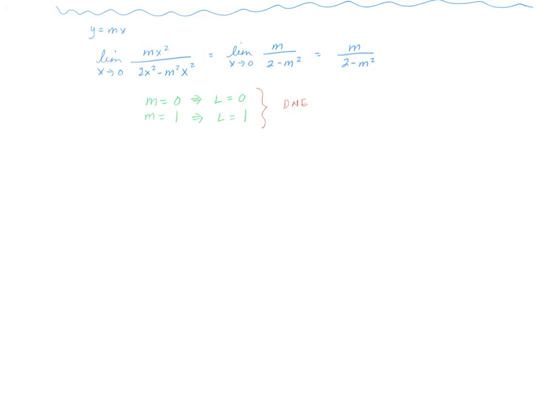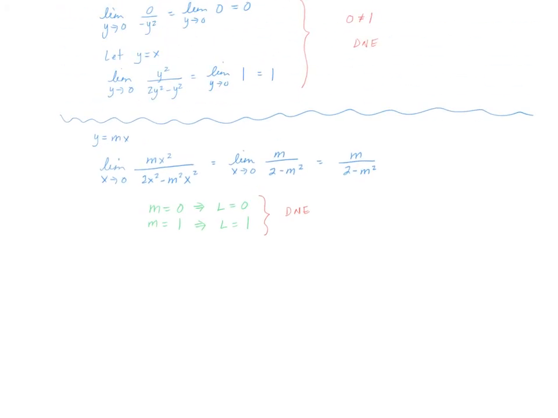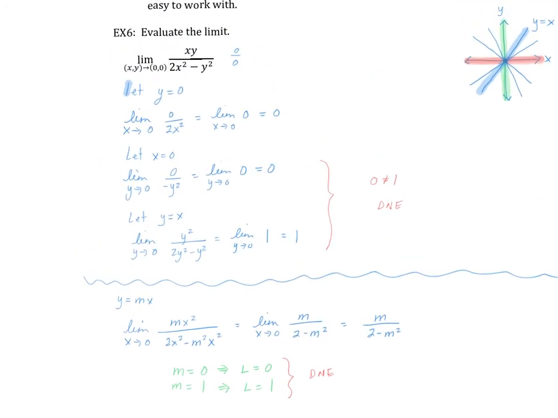So the reason why I chose y equals mx is because if we go back to our expression, I notice that if I replace the y value with mx, I get an x squared in the top. And the y squared in the denominator will also be an x squared. So all my x's turn into x squared and I don't have any y's, which means my y's are gone, but then my x's are also gone.